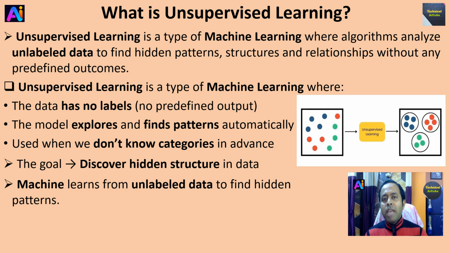Unsupervised learning is a type of machine learning where the data has no labels, means no predefined output or answer, right? The model explores and finds patterns automatically. Used when we do not know categories in advance, right? The goal is to discover hidden structure or pattern in data, right? Machine learns from unlabeled data to find hidden patterns, right?